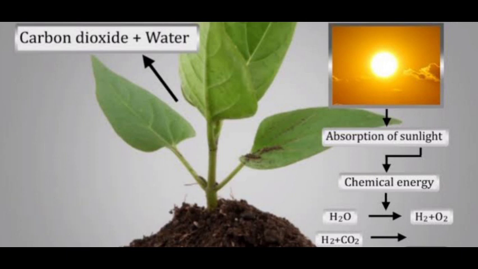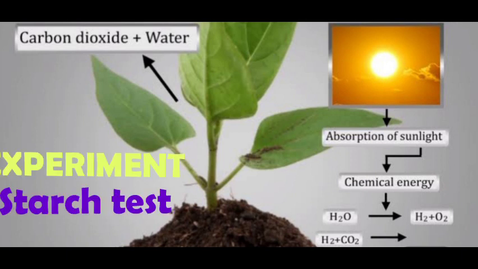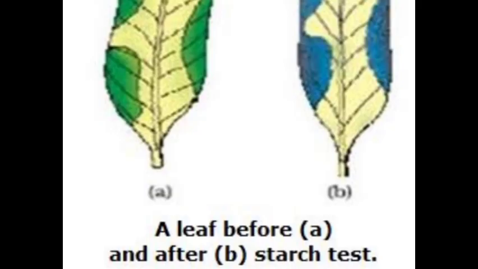So now let's see how we can identify the presence of carbohydrate in leaves. For this we will take two types of leaves. One is green and one is of any other color. We will put one drop of iodine on the leaves and see the color change.